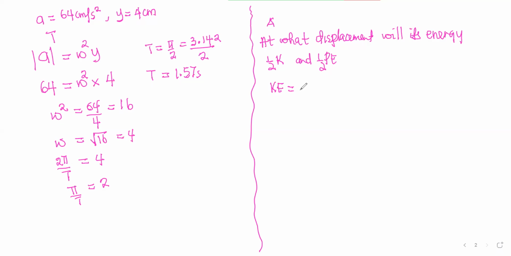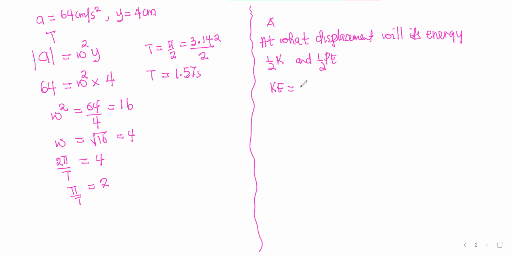Kinetic energy of a body executing simple harmonic motion is given... a over root of 2. Okay, let's solve it and then see it.